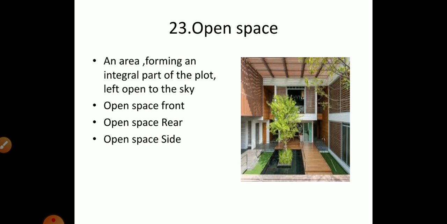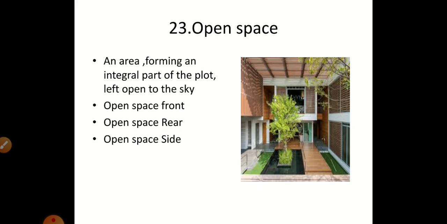The next part is the open space. We all know what open space is. It is an area forming an integral part of the plot which is left open to the sky. Note that the open space shall be the minimum distance measured between the front, rear and side of the building and the respective plot boundaries.